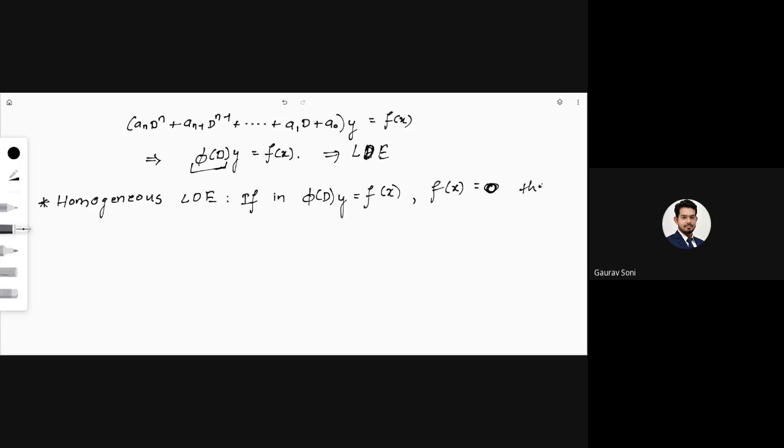Then the linear differential equation is homogeneous. So this is called homogeneous.